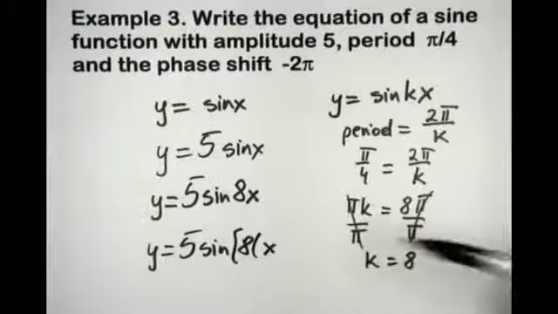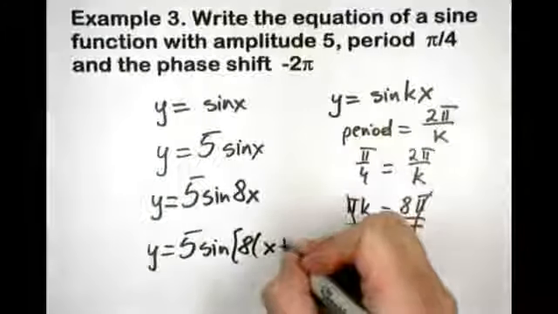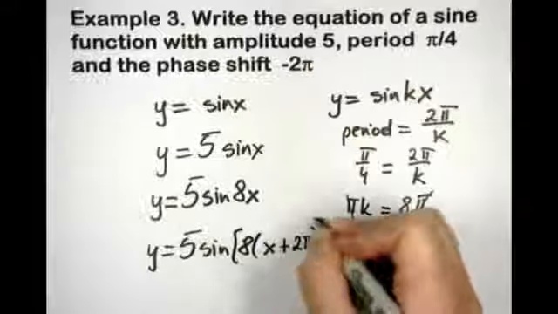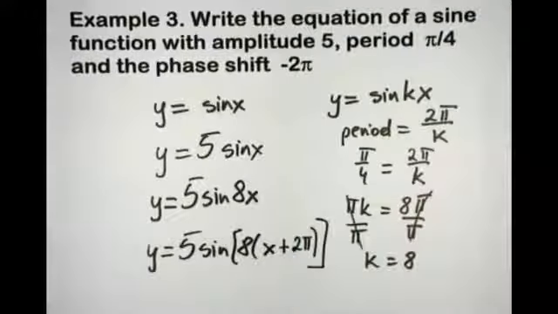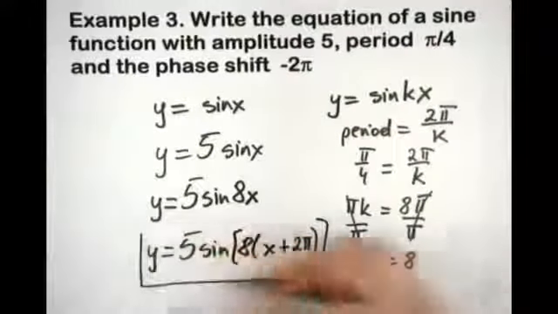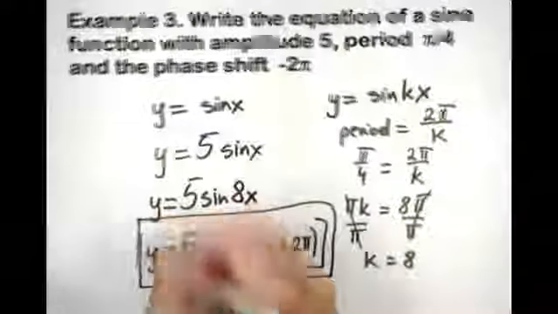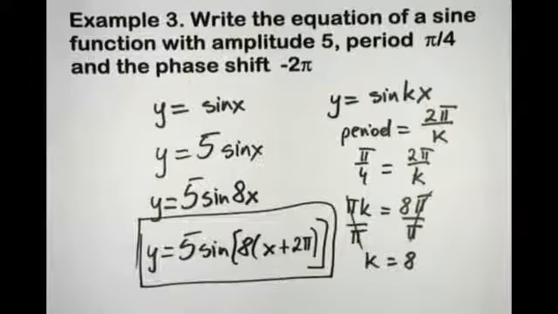That means phase shift to the left. That's my graph that has amplitude 5, period pi over 4, and phase shift negative 2 pi, or 2 pi to the left.